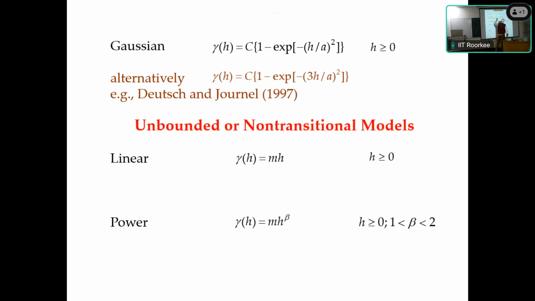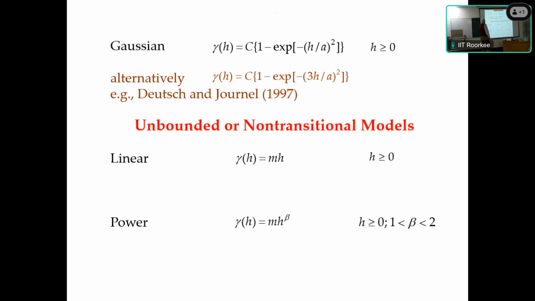Alternatively, Deutsch and Journel use this equation. They have this 3 in here. That makes a big difference. And when you compare your results with those out of the literature and you see discrepancies, then make sure you understand which of the two equations was used in the article.